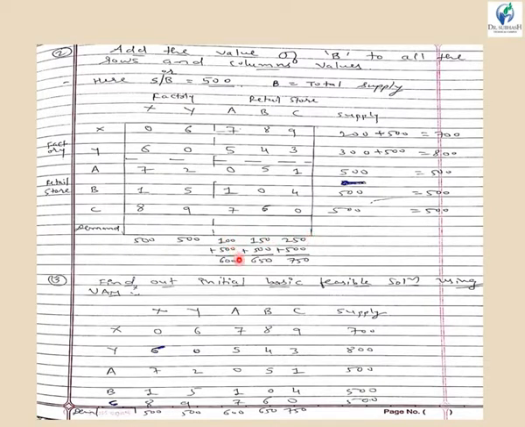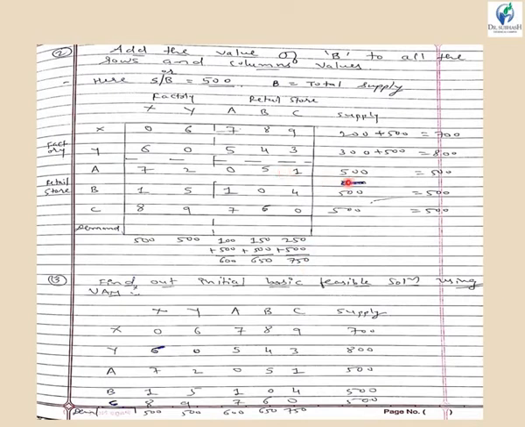So we will add that 500 to each demand point. For A the original demand was 100, plus the total available supply, so it becomes 600. Here it was 150. We add the total supply available, that is 500, so it becomes 650. Similarly, it was 250, we have added 500, so it becomes 750.